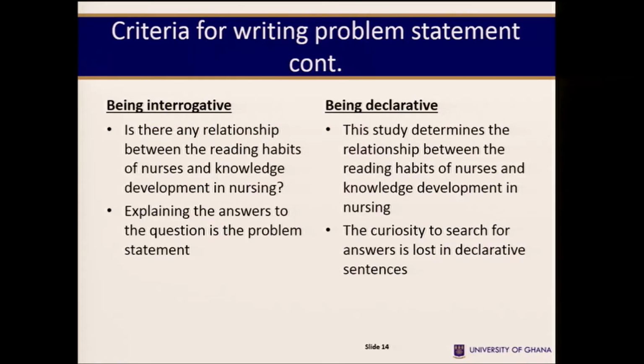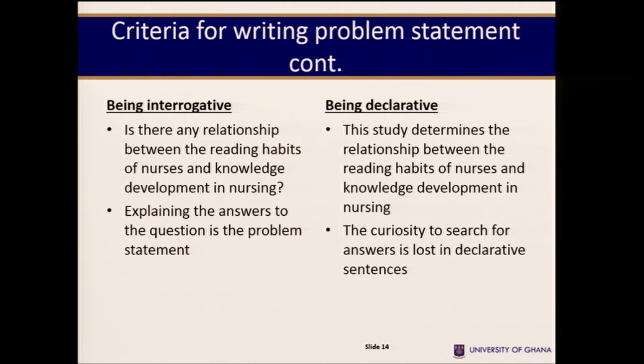So we mentioned at the beginning that this explanation needs to include the variables. The variables involved here are the reading habits of nurses and knowledge development. Now, explaining the answers to the questions you have in the interrogative sentences is what gives you the problem statement.